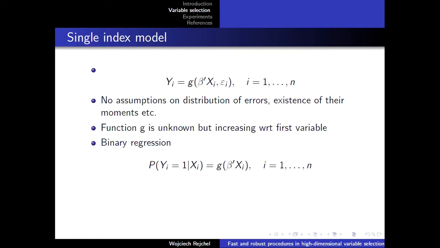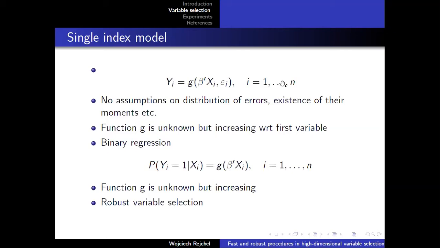And if we go to binary regression, then we also do not need the function g. All we need from the theoretical point of view to prove some theorems is that this function is increasing. Okay, and we want to find procedures which are robust in variable selection, robust with respect to the distribution of errors and with respect to this function g.